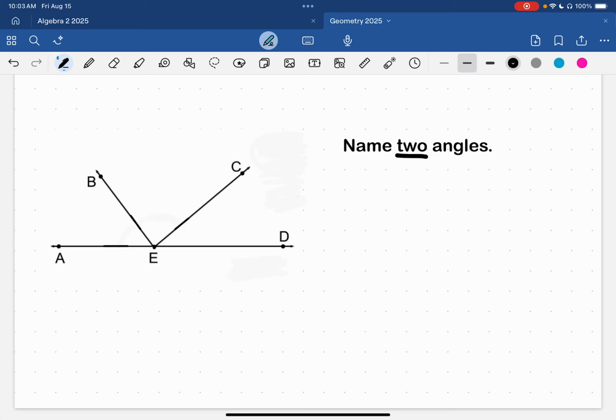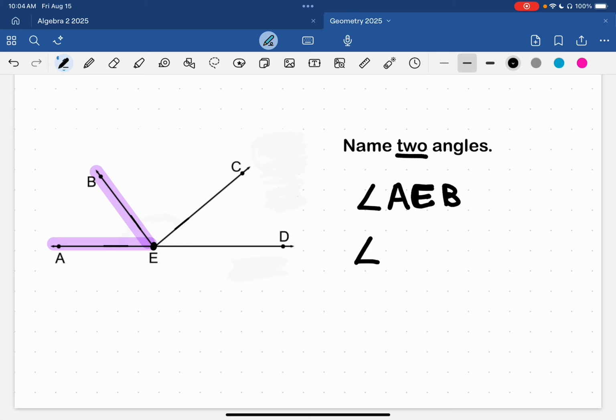So I could start with A, E, B. Let me use my highlighter to show you which one I did. This angle right here. I could also name that angle BEA, because remember, as long as E's in the center, the vertex, you're fine naming it any other way.